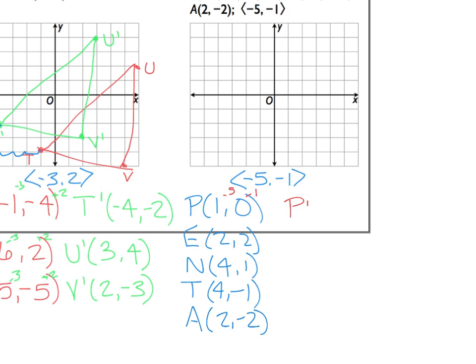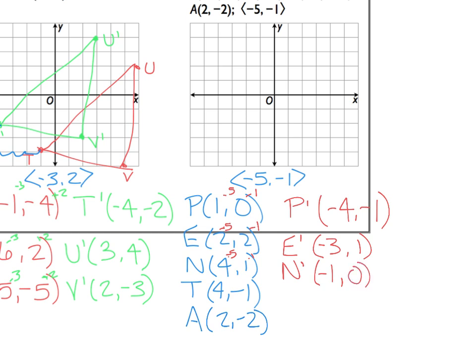So 1 minus 5 gives me -4, and 0 minus 1 gives me -1. For E prime, 2 minus 5 gives me -3, and 2 minus 1 gives me 1. N prime, 4 minus 5 gives me -1, and 1 minus 1 gives me 0.